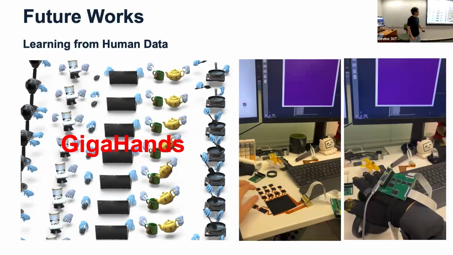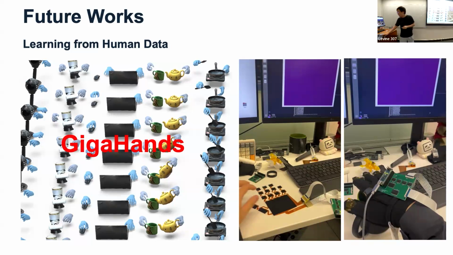Okay, here are some future work. We will collaborate with GigaHand's author, and she will come next week to give a talk about her GigaHand, and we will also collaborate to provide the ground truth for their contact model. Even though they can predict hand motion very accurately, they still need touch to provide accurate ground truth.